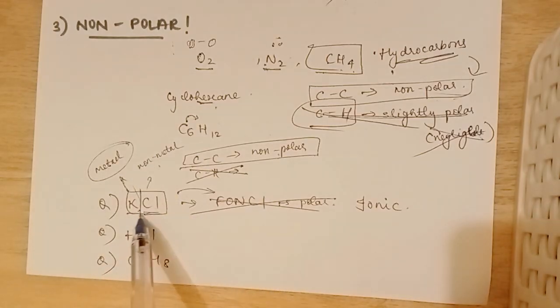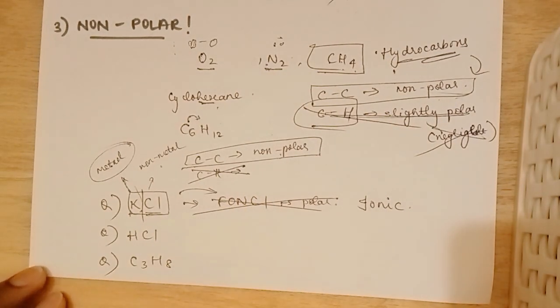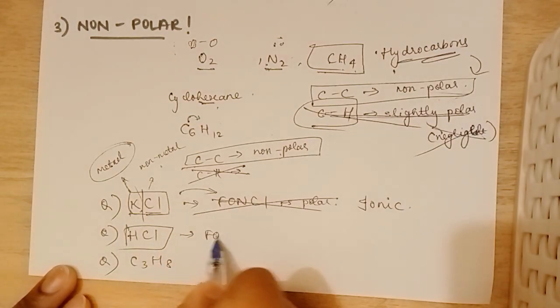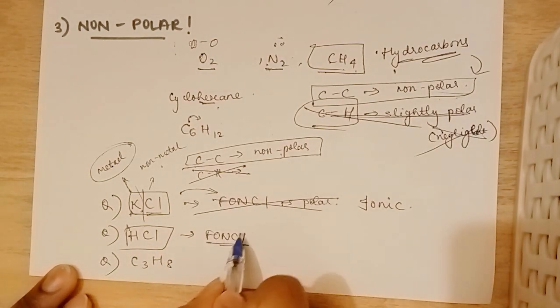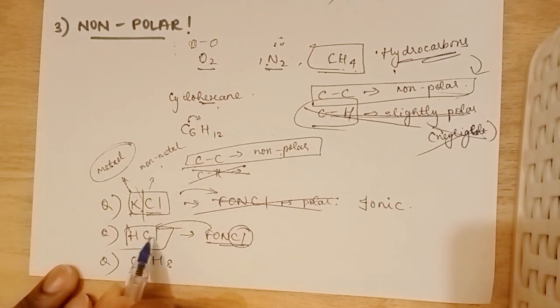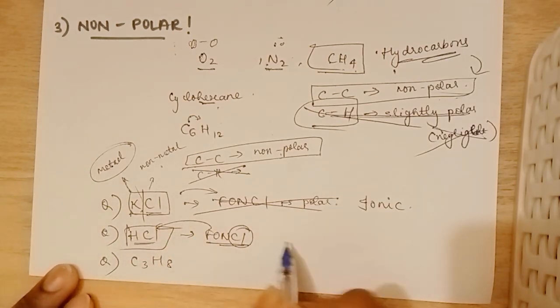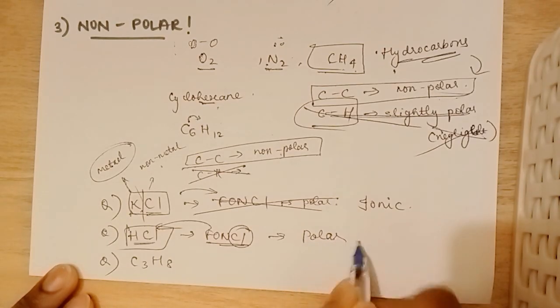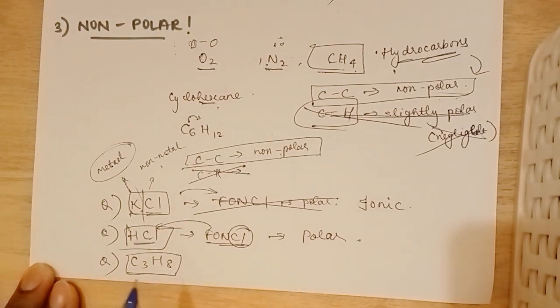Now if you're thinking how do you know if something is a metal or not, it's from the periodic table. You need to know the periodic table for this. Next, HCl. So here, now you can use the idea of phone call. Cl comes here and Cl attracts the electrons from hydrogen, and thus it is polar. Next, C3H8.